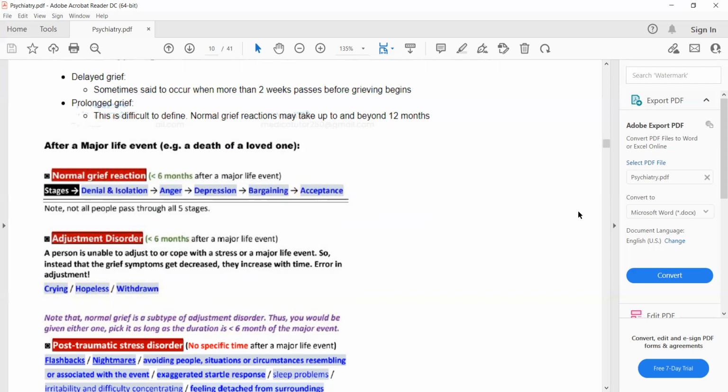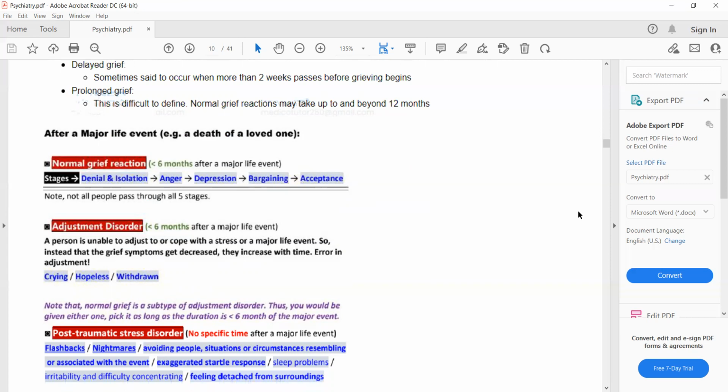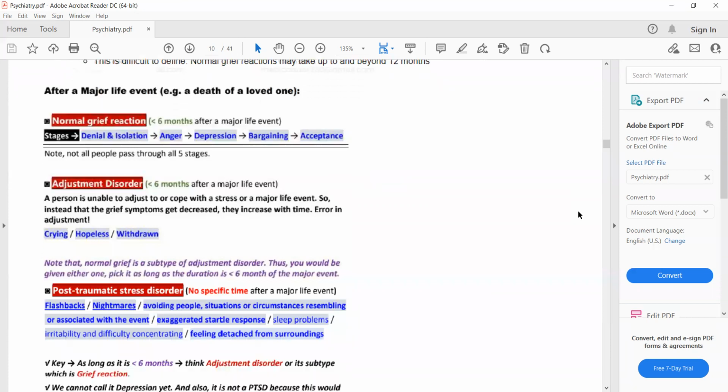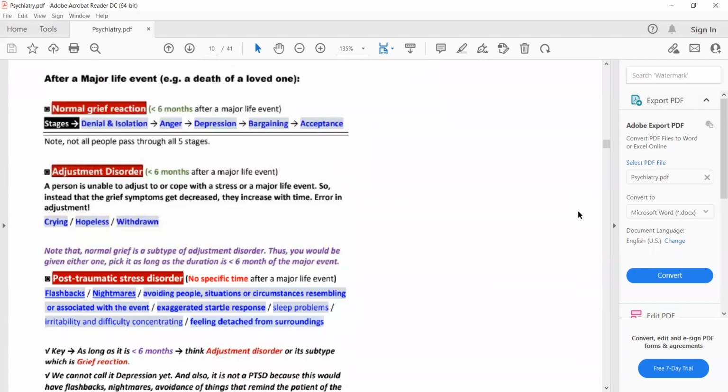It can be used if a person is unable to adjust to or cope with the stress after a major life event. So instead of the grief symptoms decreasing, they increase with time. Basically, there is error in adjustment with the life routine. So that's why it is known as adjustment disorder.